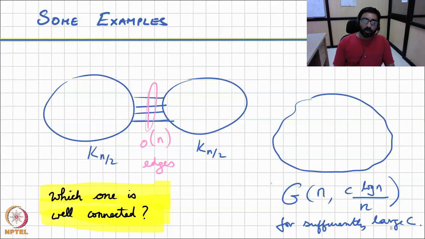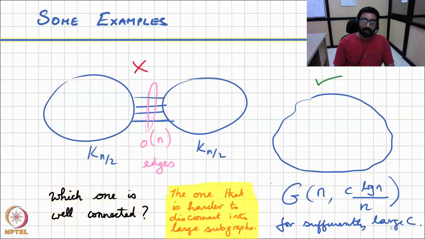Now the question is, which one of them is well connected? As it turns out, the answer is that this Erdős-Renyi graph is the well connected graph, whereas the other graph with two complete subgraphs connected by some O of n or little o of n edges is not very well connected. And the reason for this is the following.